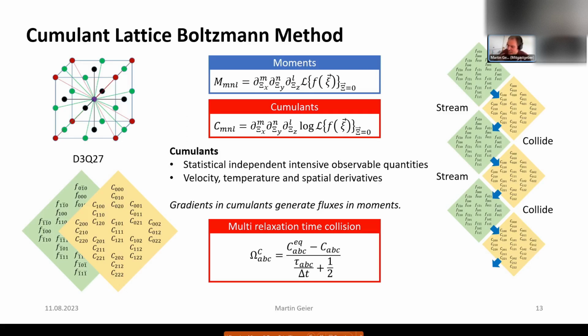Yeah, and if you ask me for a definition, what is the simplest definition of a temperature? The temperature is the second cumulant of a velocity distribution function. That's the temperature. So we know these things intuitively.